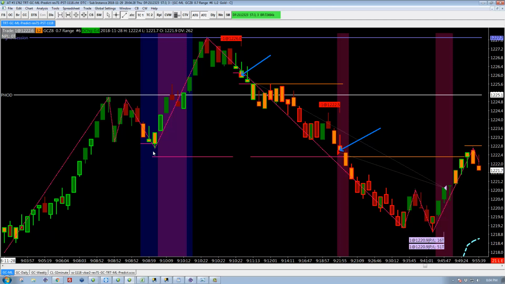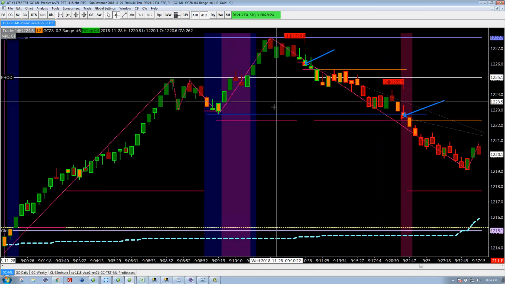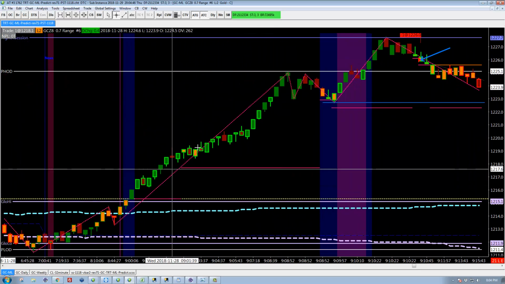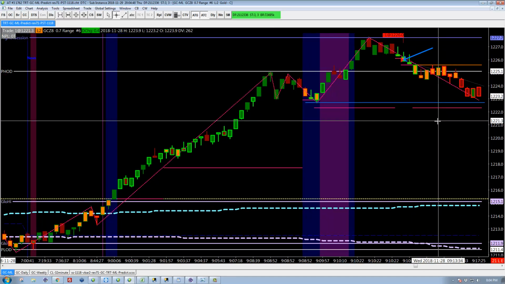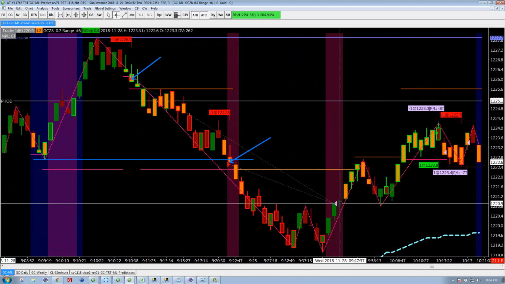What's happening is this level here is getting broken, and so we're adding, and then the target's getting reset to way out there. It's looking for that monster move like this, all right? And then we get taken out on the 20 tick trail right there.